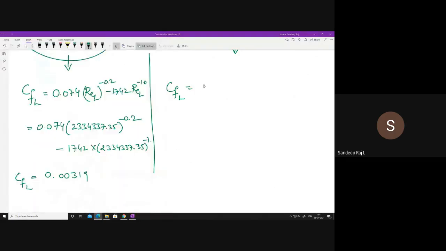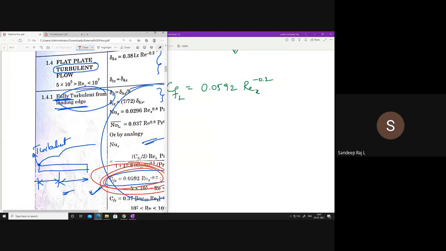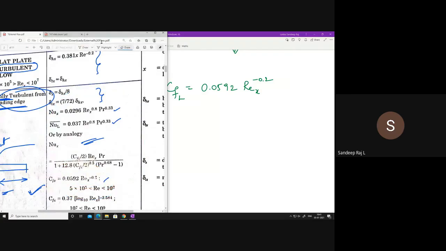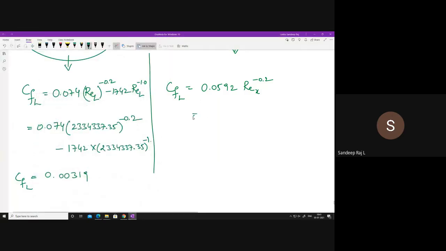This is equal to 0.0592 into REX to the power of minus 0.2. This one I have written. So quickly do this calculation.